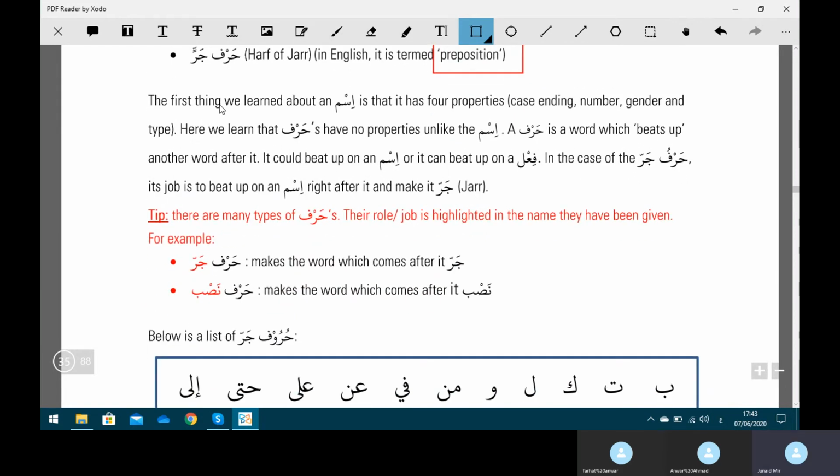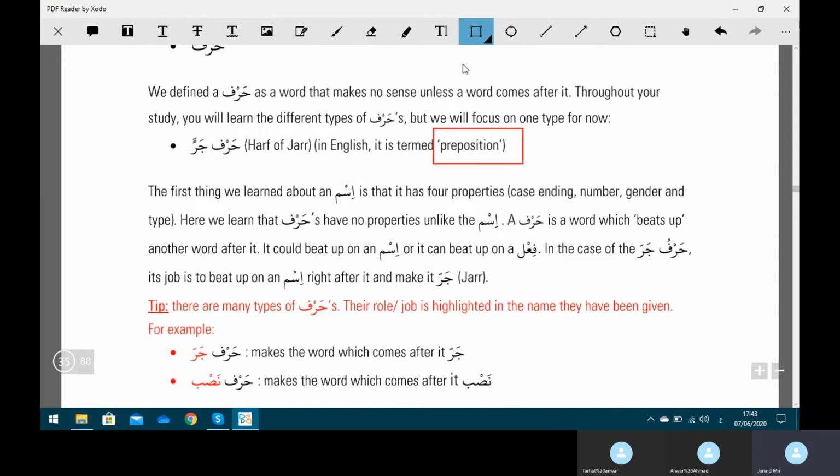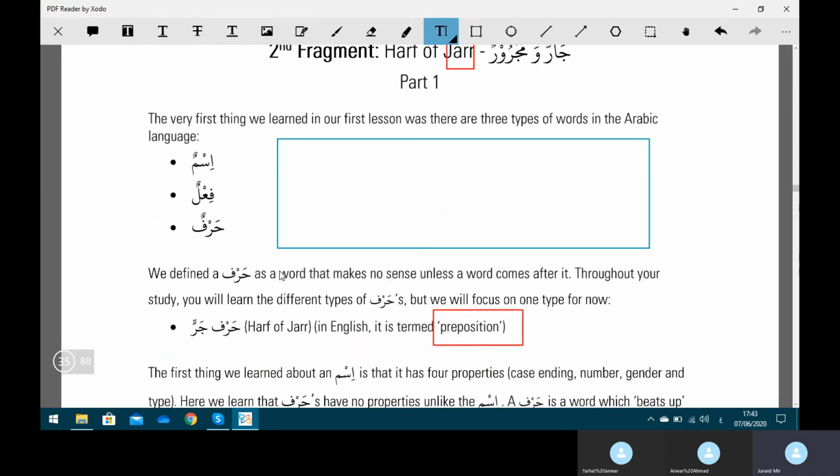The first thing we learned about an ism is that it has four properties: case ending, number, gender, and type. Here we learned that harfs, or huruf, the plural of harfun, which you should have already covered in your vocabulary, is hurufun.